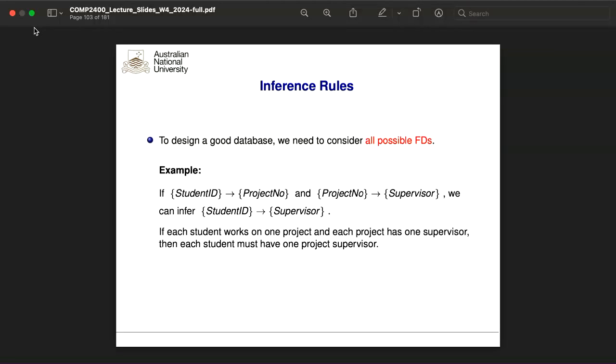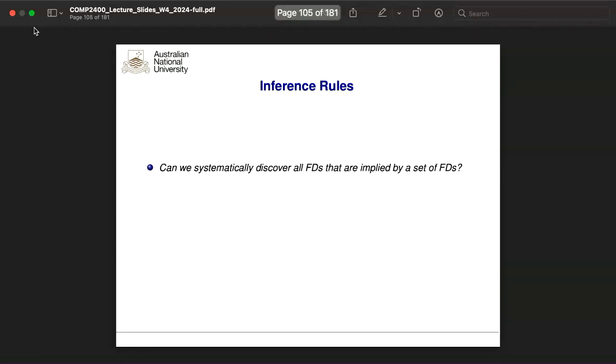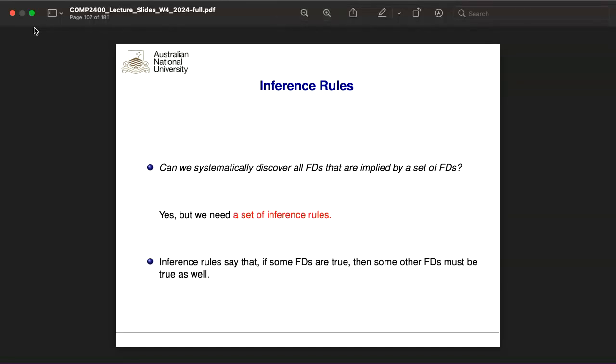Okay, so this is what we talk about, the inferred function dependency, because we may have a set of function dependencies, but there are some other function dependencies that are also correct. They can be inferred from the set we have. But how can we know that? To do that, we need to find a systematic way to find all inferred function dependencies.